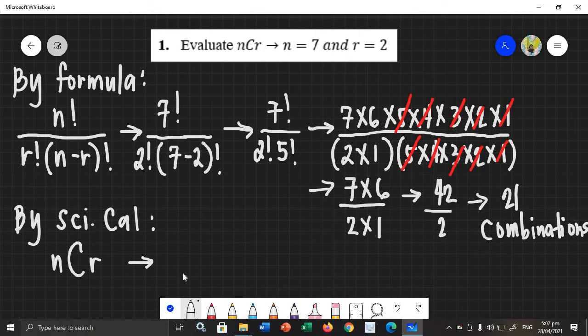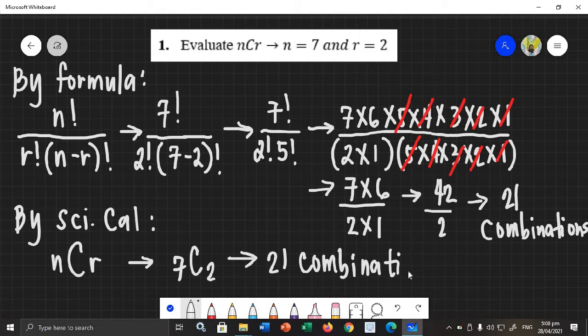combinations. Now, if you have a scientific calculator, it is much better, because you can just type in your N, which is 7, then click the NCR button, then type the value of R which is 2. So we have 7C2 and it will give you 21 as your answer.